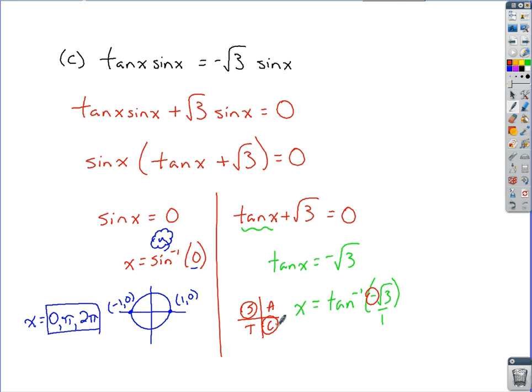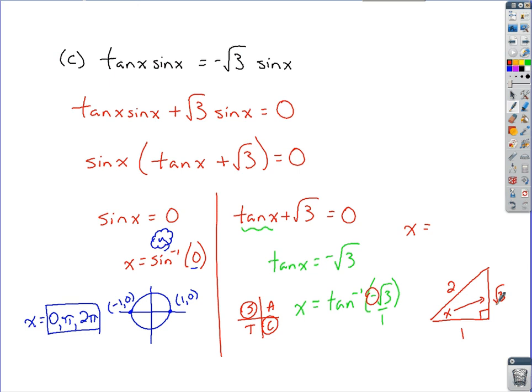Looks like we're going to have a couple of answers then. If we draw out our right triangle, label an angle measure x. For tangent, we're talking opposite over adjacent, so opposite would be root 3, adjacent would be 1. If I fill in my other side measure, that'd have to be a 2 because this would be a 30-60 right triangle. And if I'm trying to determine what x is going to be, well, let's see.